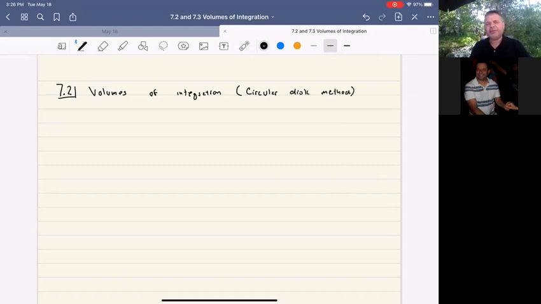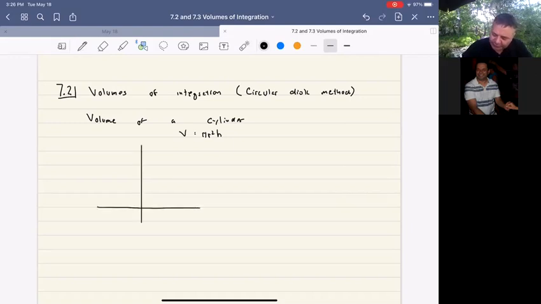Okay, and it sort of starts from the idea that the volume of a cylinder is pi r squared h. Okay, so if we draw our cylinder, let's draw it along the x-axis.